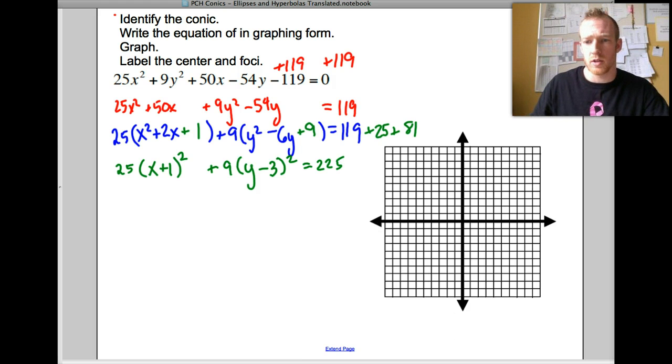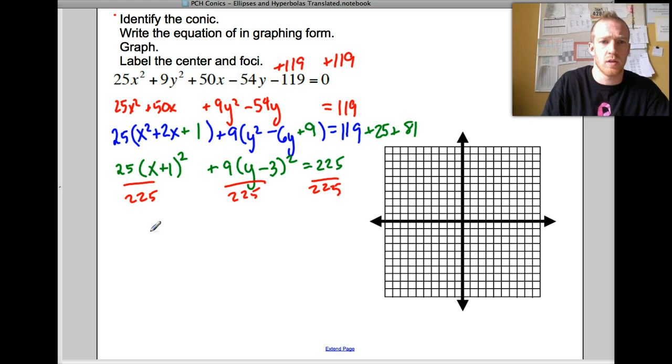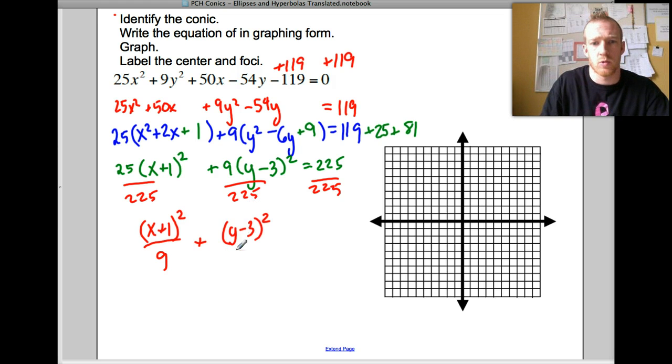So now to get to my final form, divide everything by 225. 25 goes into 225 9 times, so that's x plus 1 squared over 9. 9 goes into 225 25 times, so we get y minus 3 squared over 25. That's what this reduces to, equals 1.